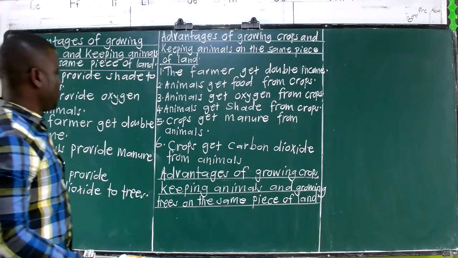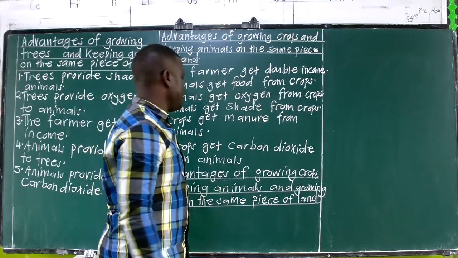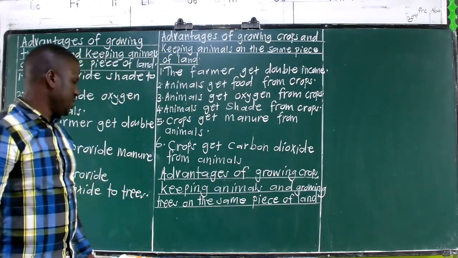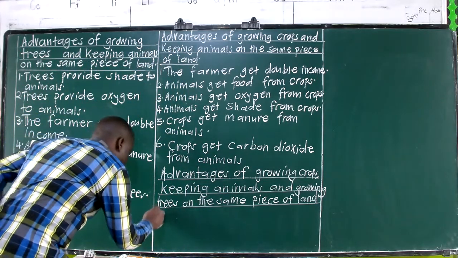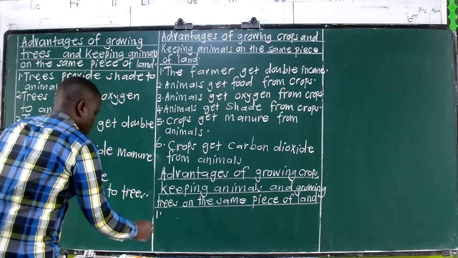Advantages of growing crops, keeping animals, and growing trees on the same piece of land.